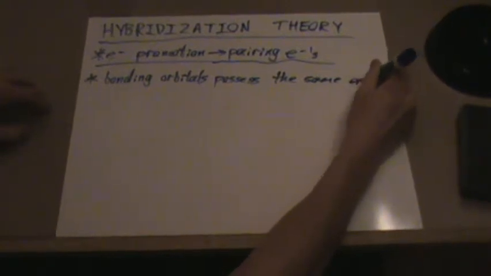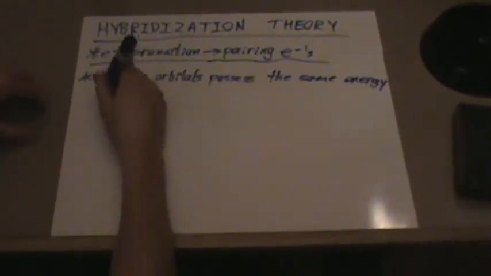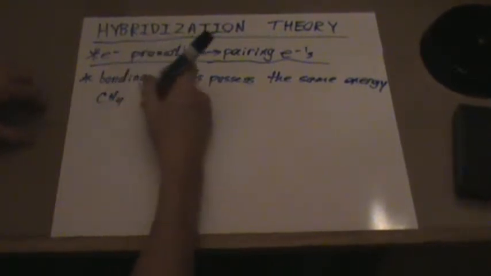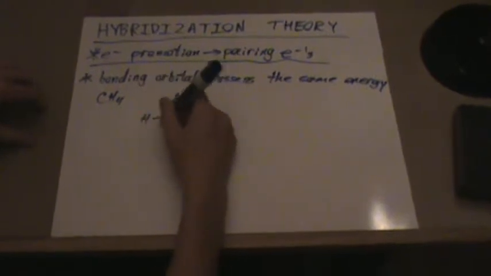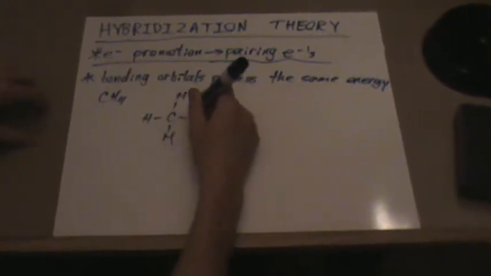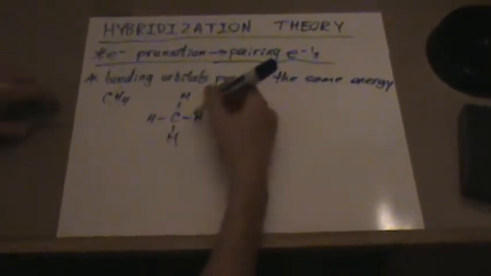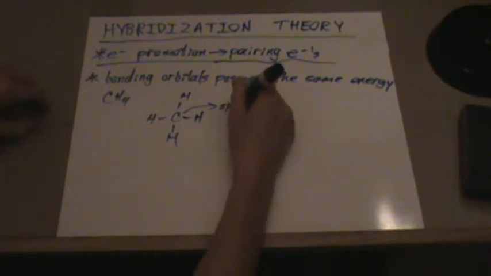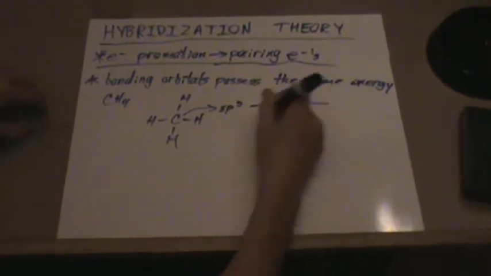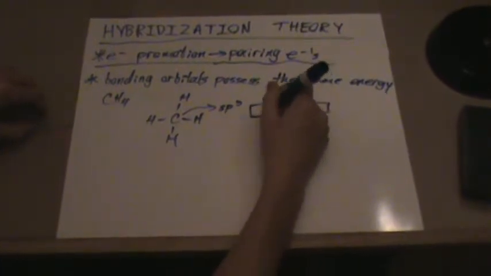And so, for example, as in the last video, I gave the example of methane. So when carbon bonds with these four hydrogens in its tetrahedral 109.5 degree shape, we have the idea of the electron promotion, but then the creation of the sp3 hybrid orbital, in which there are four orbitals that can participate in bonding.